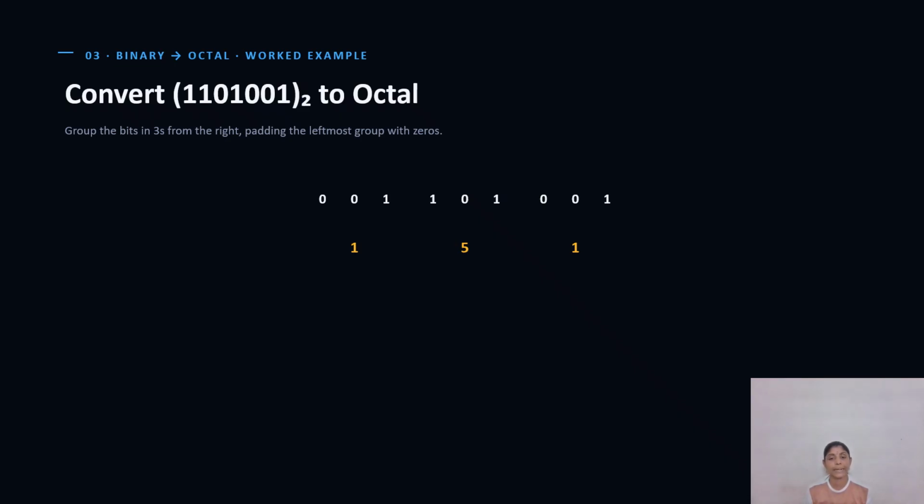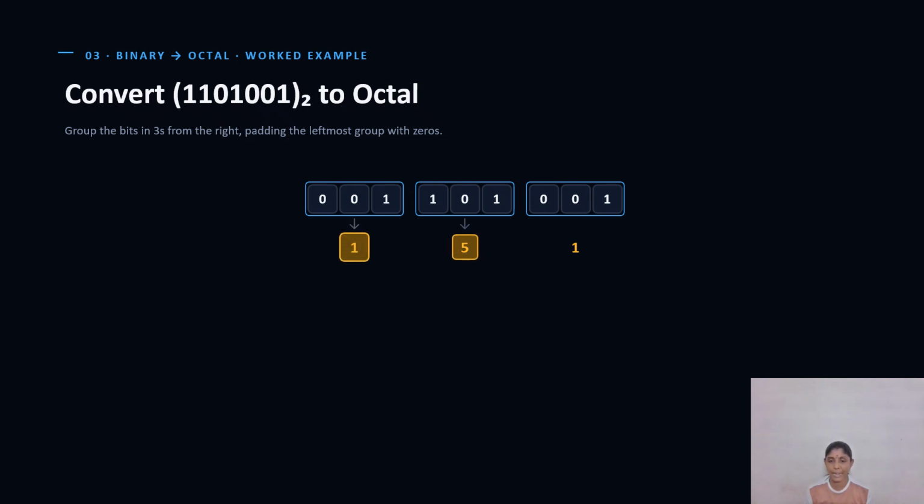In the second grouping, it is 101. 4 is 1, as well as 1 is 1. So 4 plus 1, 5. In the third grouping, again 0, 0, 1. 4 is 0, 2 is 0, 1 is only 1. So the resultant is 1. So what is your octal representation? 1, 5 and 1. So I have written it as 151.